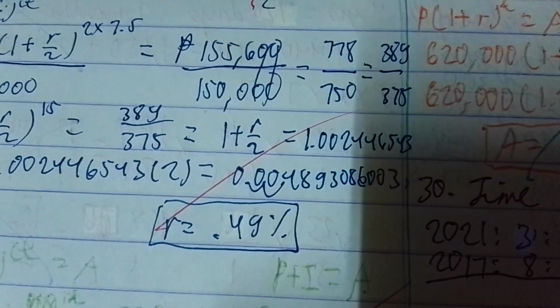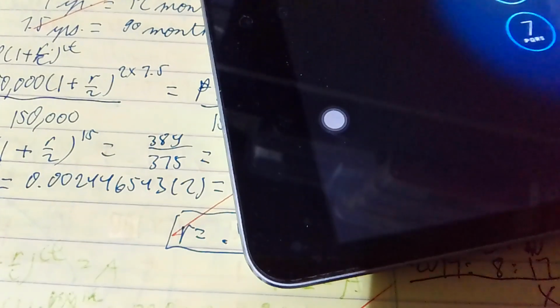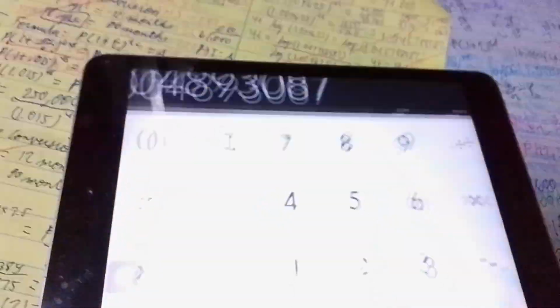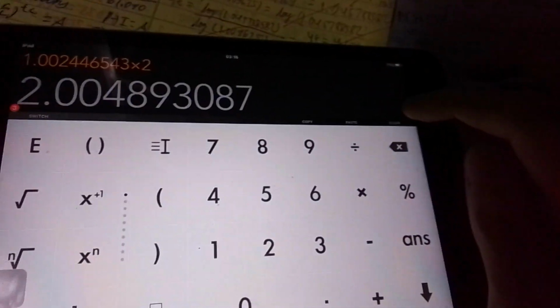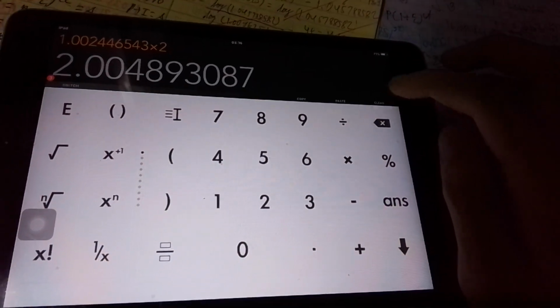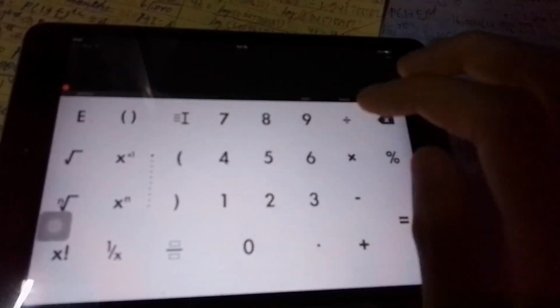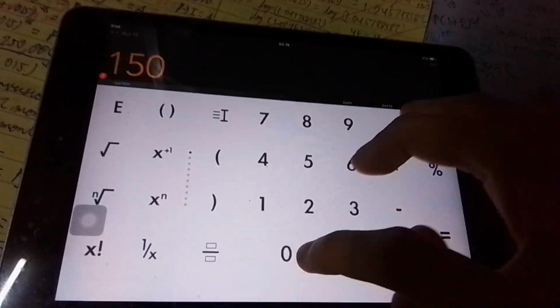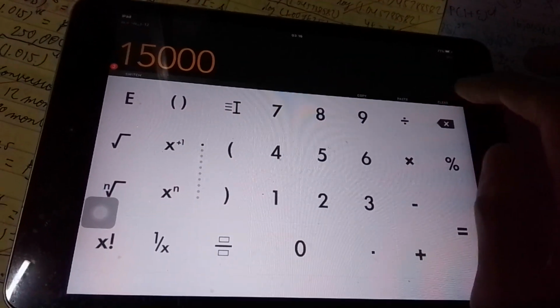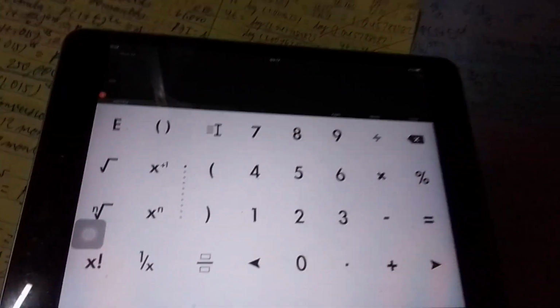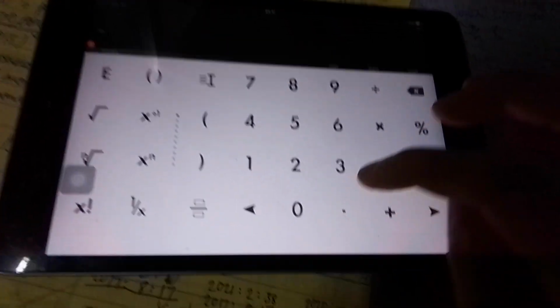Now, going back now to our literal formula, we still get the same answer. So we have this one. So therefore, we have the principal of 150,000. Sige, let's do this first. Remember our rate is 0.49, so therefore, it's 0.0049.